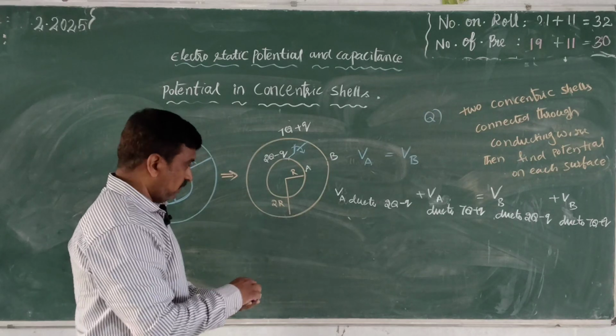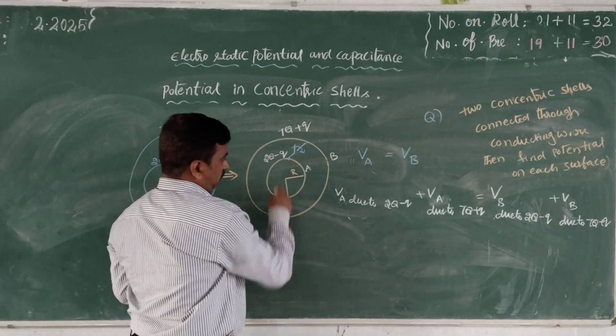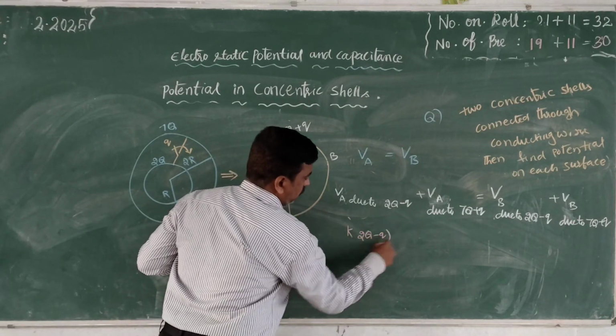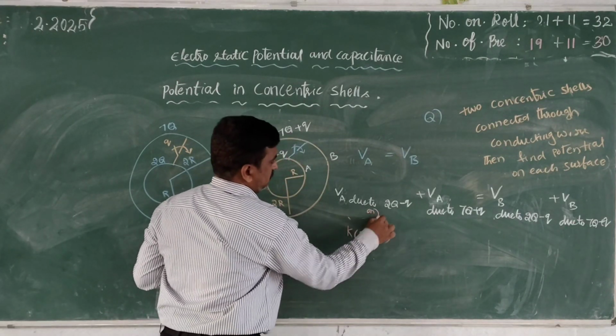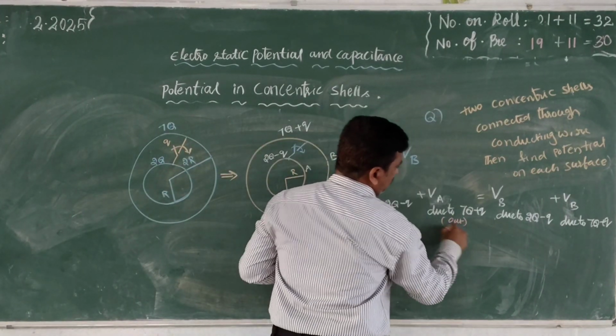In this case, potential on A due to (2q − q): it is on the surface. For the (7q + q) it is an outside point.